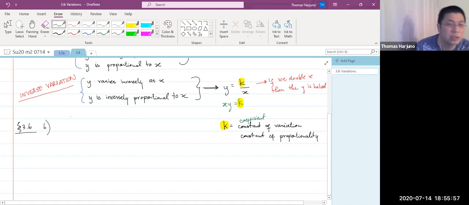Okay, it says that W varies directly as C and inversely as square root of U.